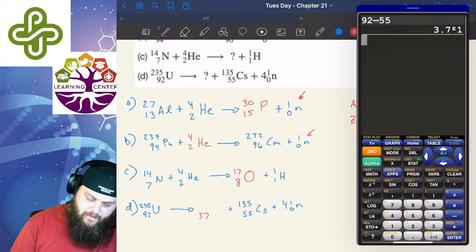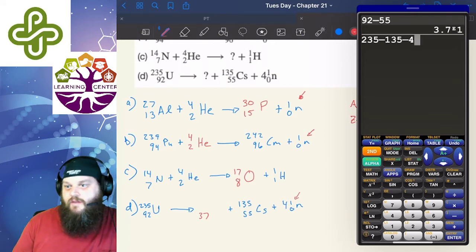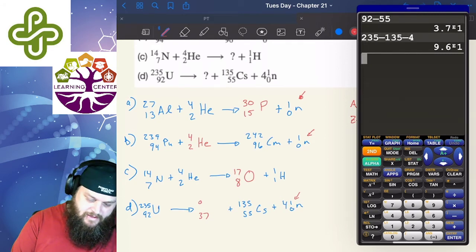And if we have 235 minus 135 minus 4, because there are 4 different neutrons, each having one nucleon in it, that's 96.